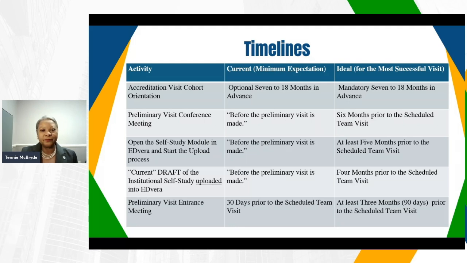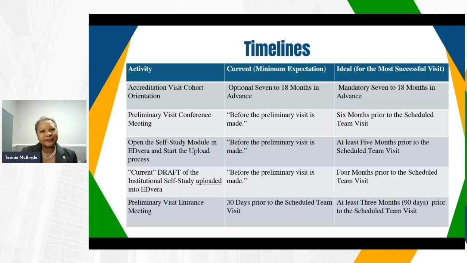The orientation provides this cohort the tools to ascertain the flow and the expectations of the accreditation process, to identify key activities for hosting a successful visit, and to learn how to engage effectively with the COE fellow and the site team visit.